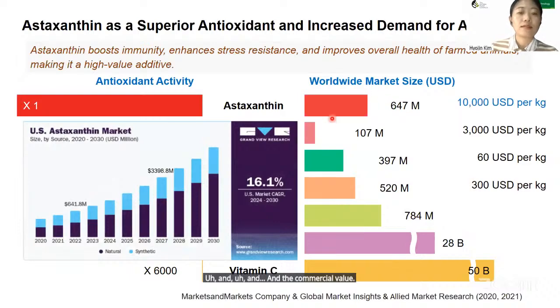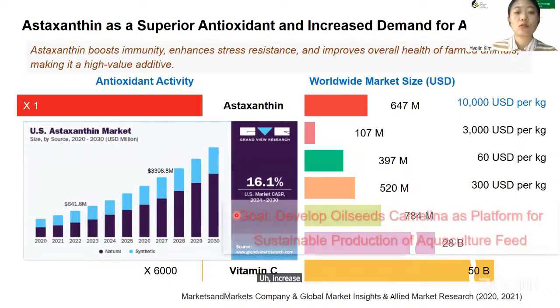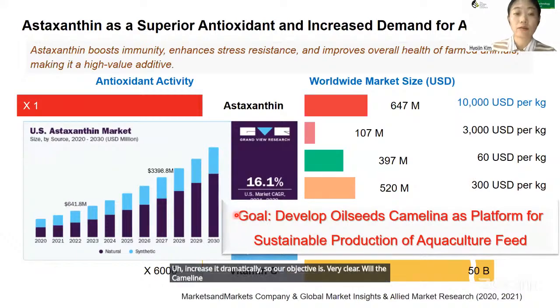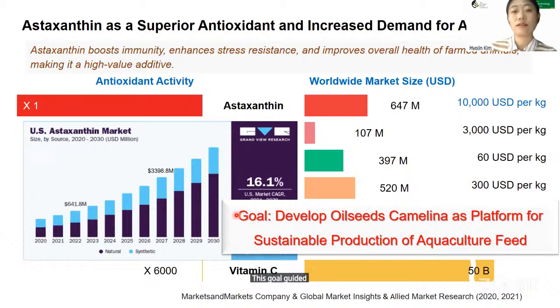Also, the demand and market value of astaxanthin has increased dramatically. So our objective is very clear. Build the camelina as a commercially viable field-ready biofactory that can supply natural astaxanthin to support the rapidly growing aquaculture industry. This goal guides the entire lab to field to application pipeline I will present today.